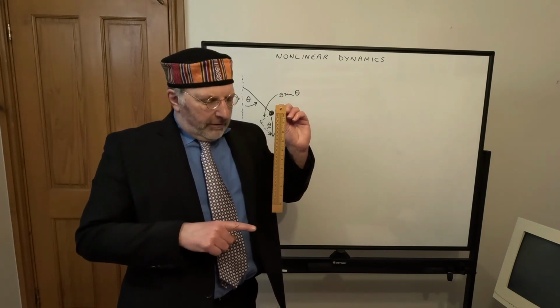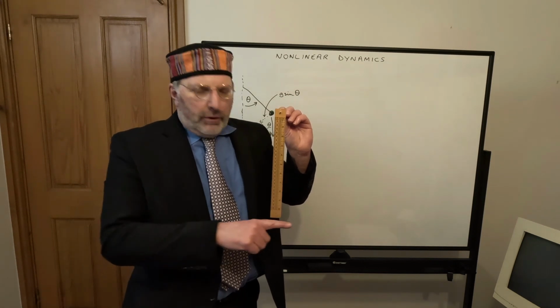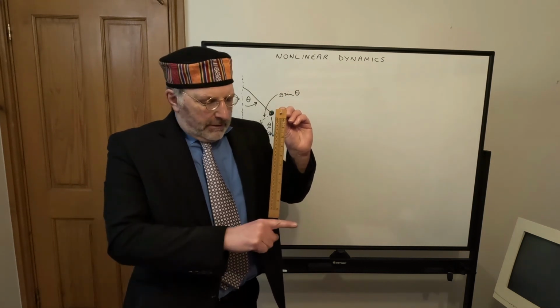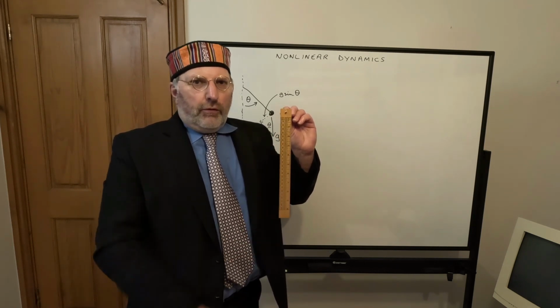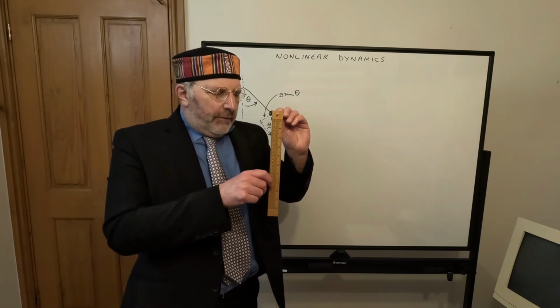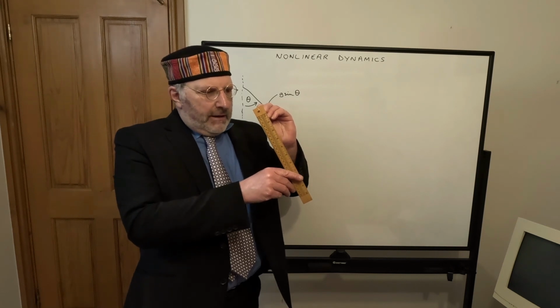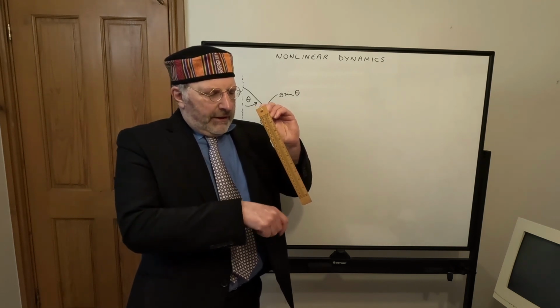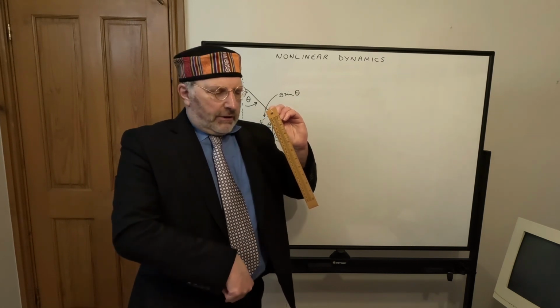Because sine theta is 0, there's no component pulling it in the direction perpendicular to the rod, so there's nothing causing it to turn. But if we move it to a certain angle here, then some of the acceleration due to gravity is pulling it back in this direction.